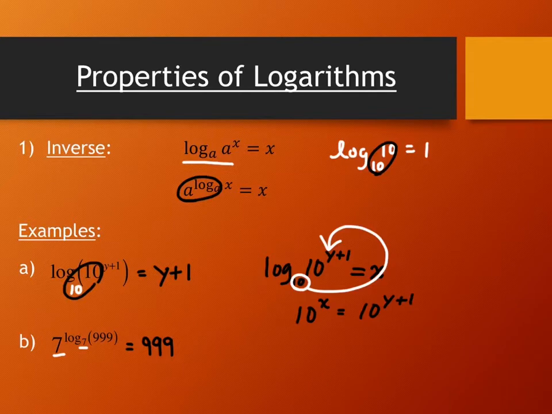Now, when we talked in this other section, section 4.2 earlier, we said that once we had the bases the same, we could rather ignore them and sort of compare the exponents at that point. And what you'll notice then is that the exponent x is equal to the y plus 1. And the exponent x is actually what we made up to begin with as this whole quantity. So this whole quantity equals x, and now we just found out that x is equal to the y plus 1.